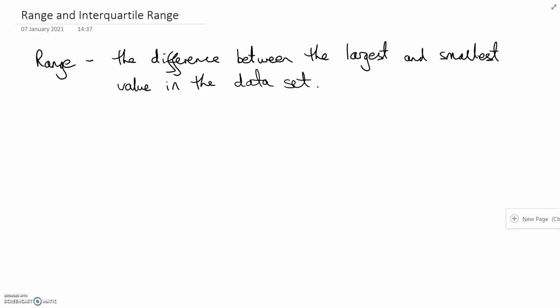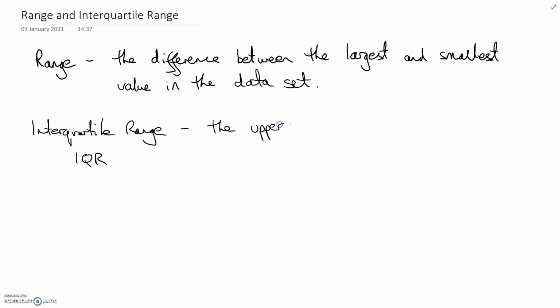The interquartile range, or IQR to abbreviate. This is defined as the upper quartile, which is also known as UQ.